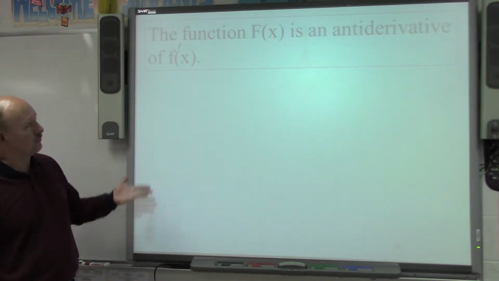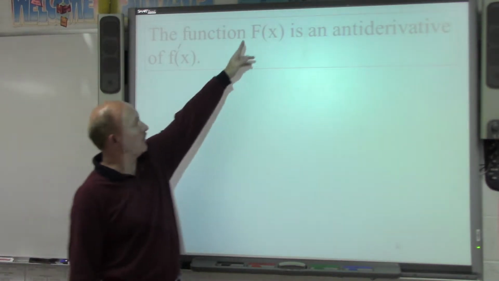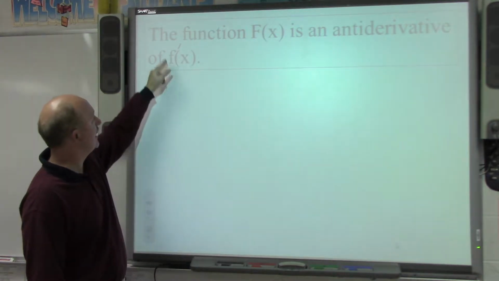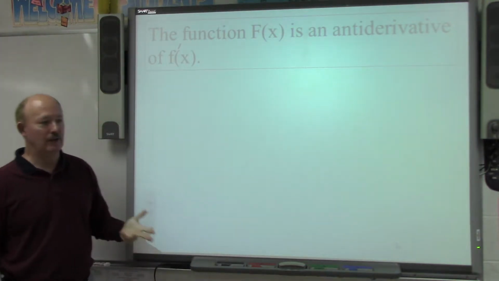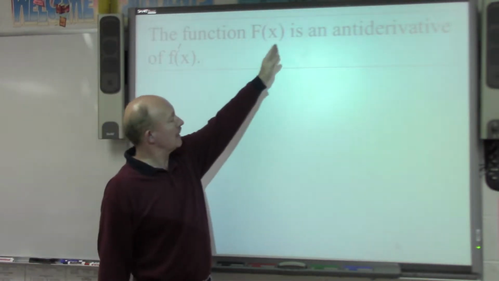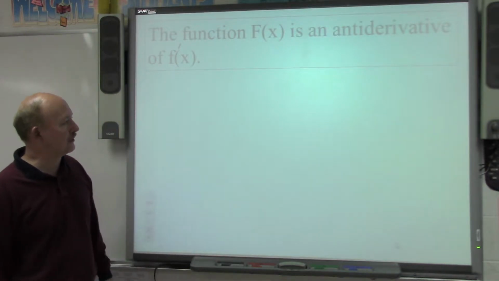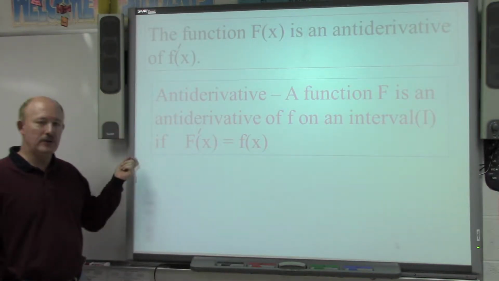As we're looking at antiderivatives here, the function capital F of x is an antiderivative of f of x. When we're talking about antiderivatives, capital F of x represents the antiderivative of a particular function. So this is the official definition.